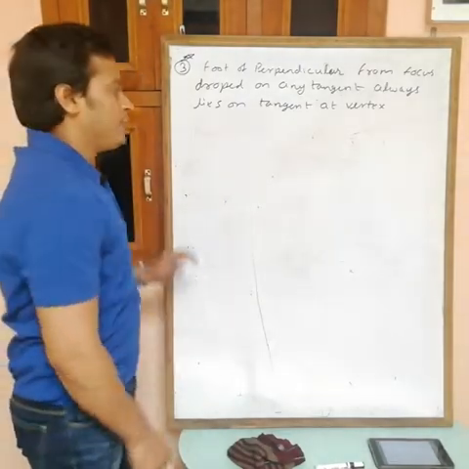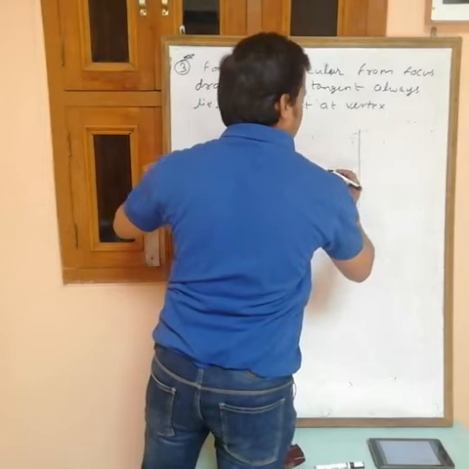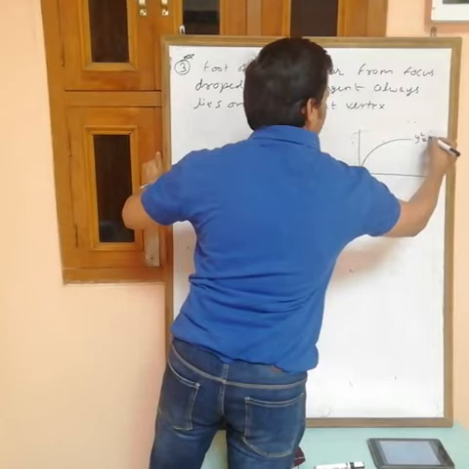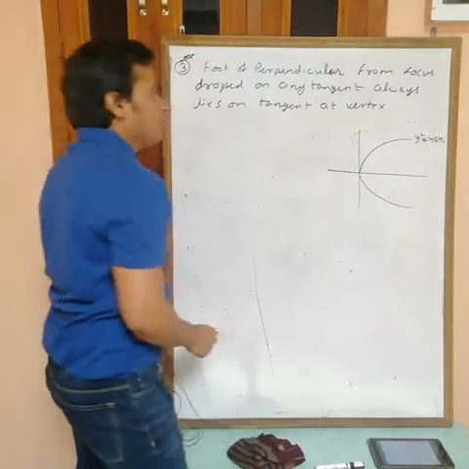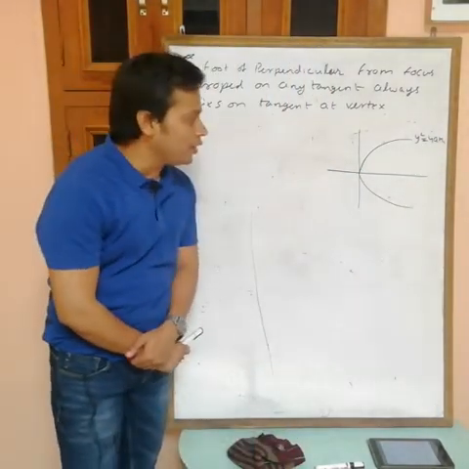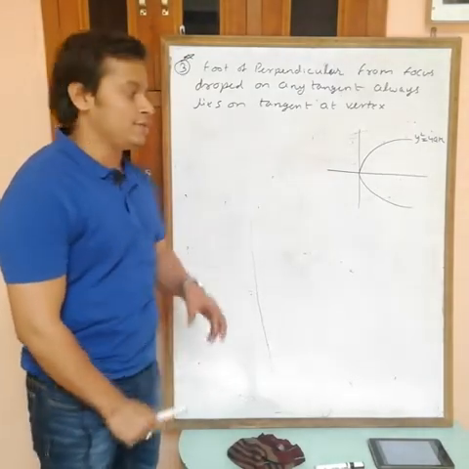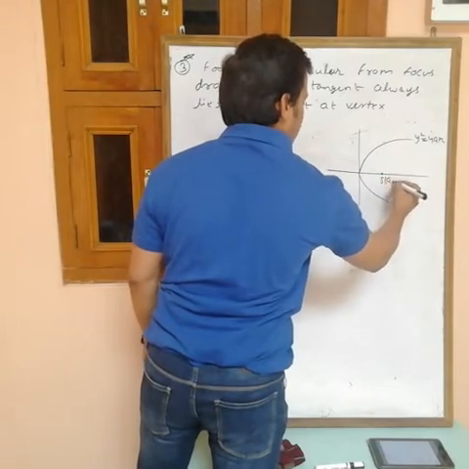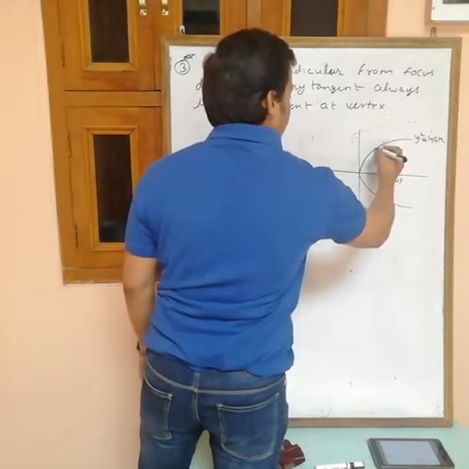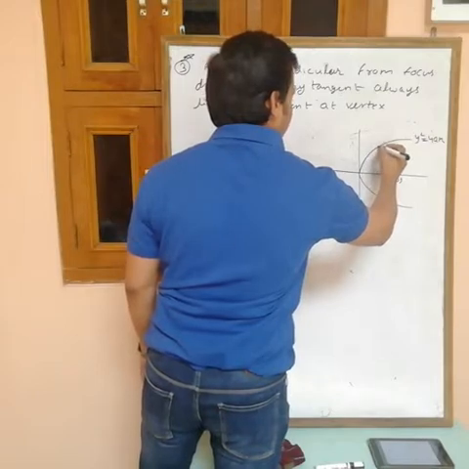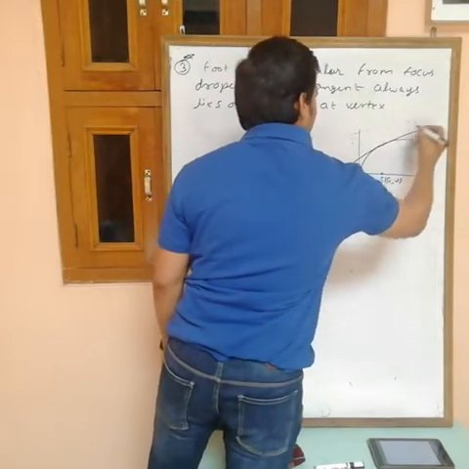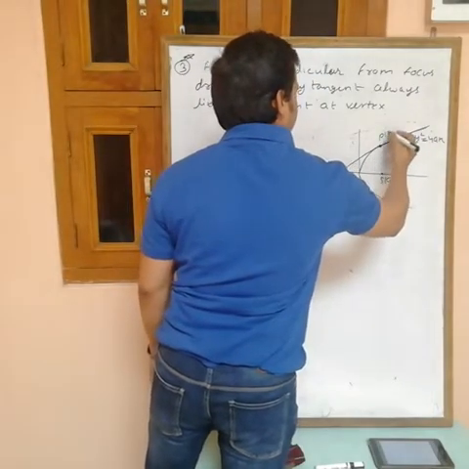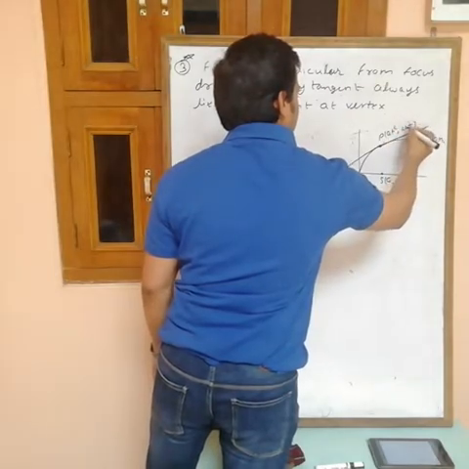Meaning of this one, see, actually suppose this is the parabola y square equals to 4ax. Okay, if you drop the foot of perpendicular from focus to any tangent, okay, suppose this is the focus a comma 0, and this is any tangent at point P, at square comma 2at, general point na.